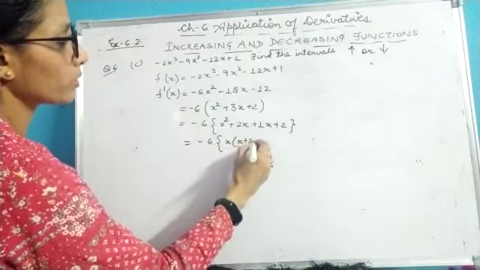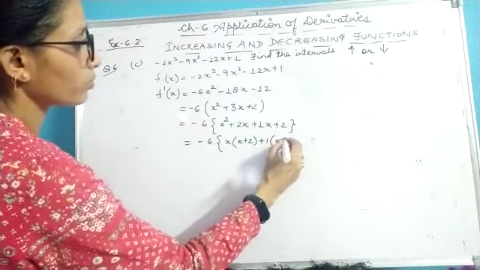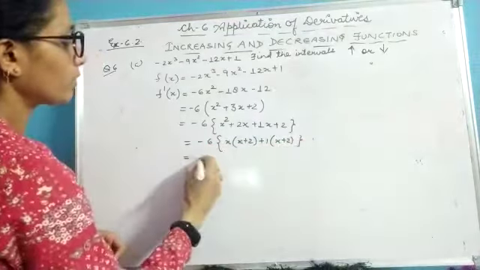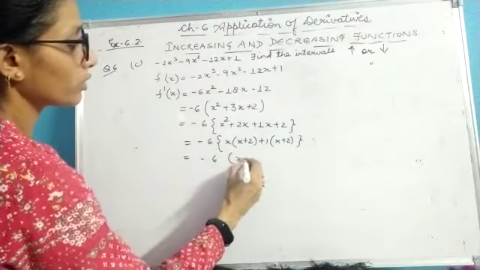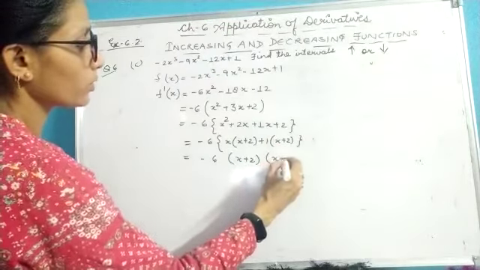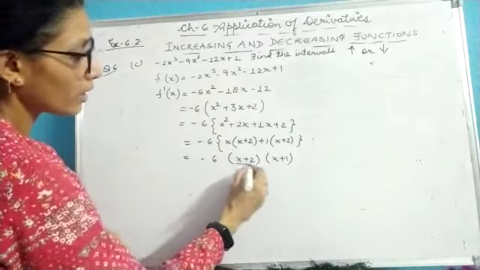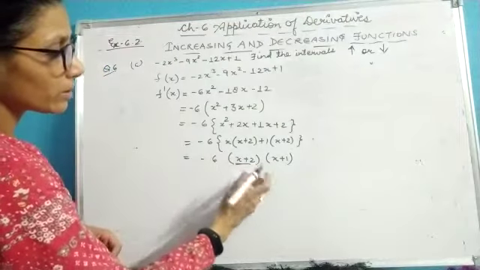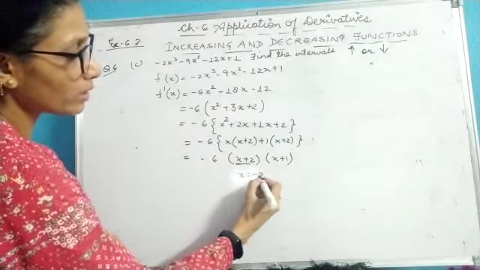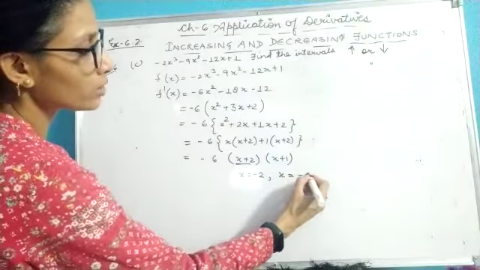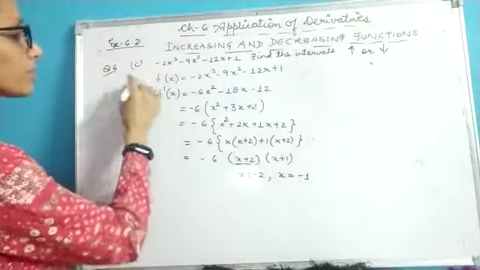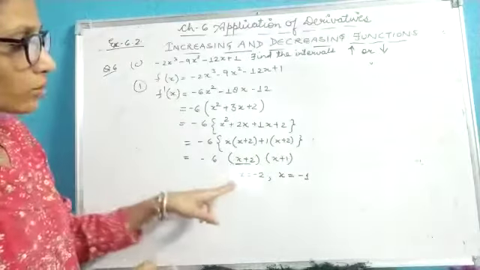So this is x plus 2 plus 1 into x plus 2. So here I am getting it as minus x plus 2, x plus 1. So here children, I am getting my critical points as x equal to minus 2 and x equal to minus 1. Now this is my first step, that I have got my critical points.